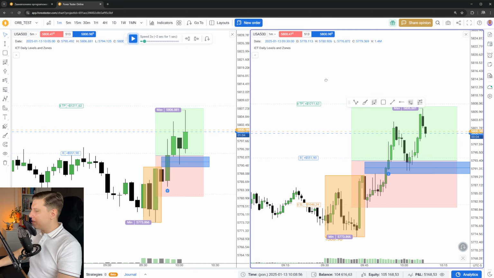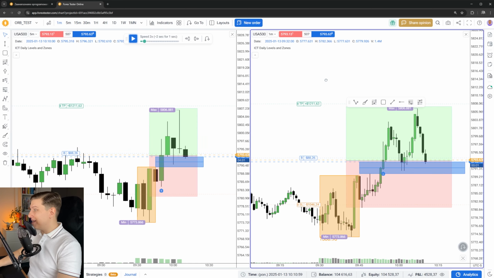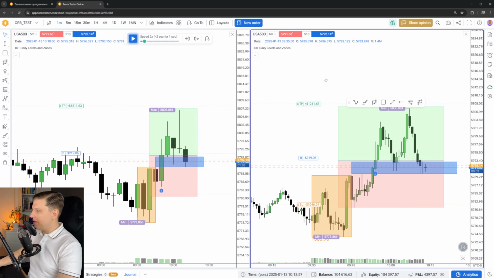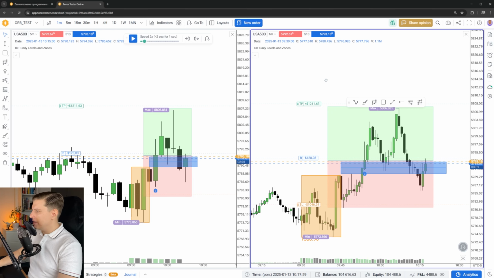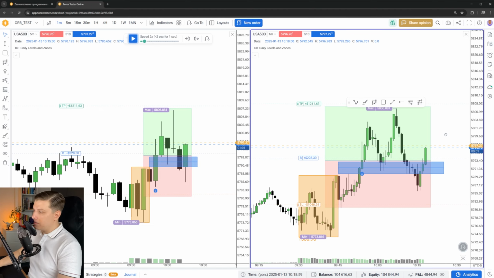What I want to see is price going, of course, a little bit higher. Right now, again, this fair value gap, this is not something I'm pretty sure about. I should move my stop loss to break even right on this move. Yeah, that's exactly what I'm gonna do right now.